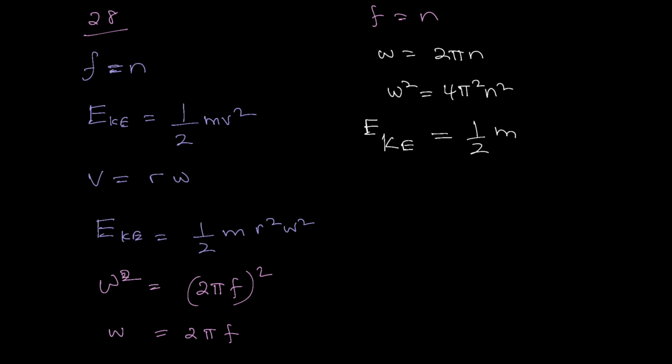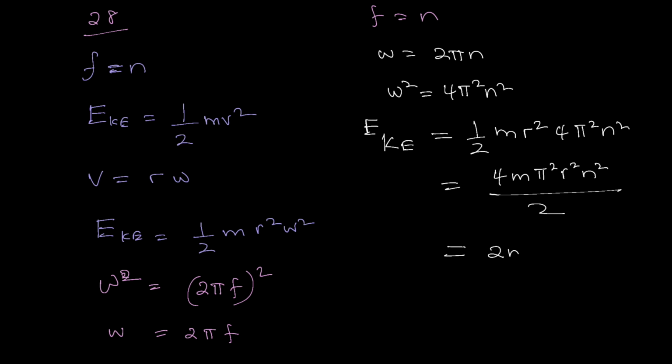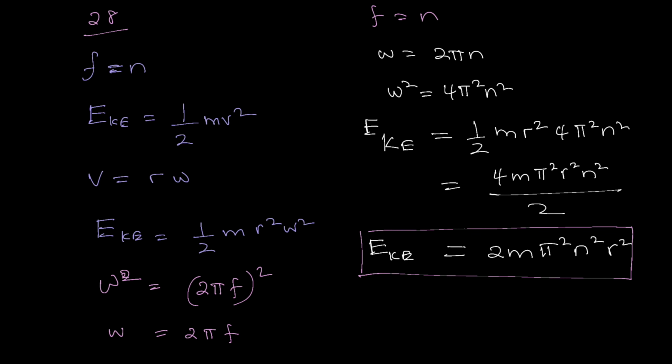Now we have r squared, and omega squared is 4 pi squared n squared, which is 4 m pi squared r squared n squared over 2, and that will be 2 m pi squared n squared r squared, and that's the kinetic energy. And the answer here will be C.